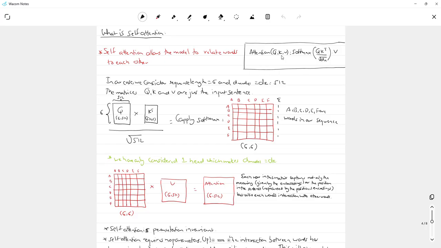Each word offers its key to be matched against the query. And the third is the value. These are the actual content or information associated with each word that will be returned if the key matches a query well. And the goal is to calculate how much attention each word in the sequence should pay to every other word, including itself, to compute its new context-rich representation.